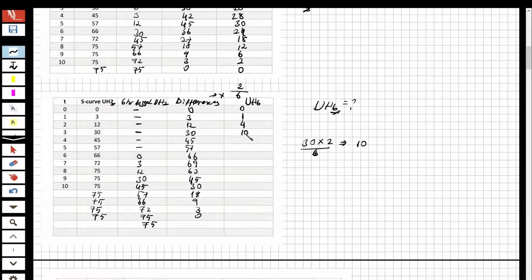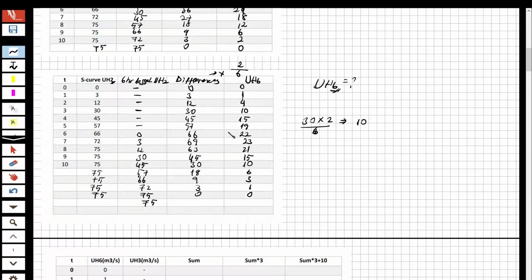So 10, 15, 19, 22, 23, 21, 15, and this is going to be 10, 6, 3, 1, and 0. Now we also obtained the unit hydrograph for 6 hours.